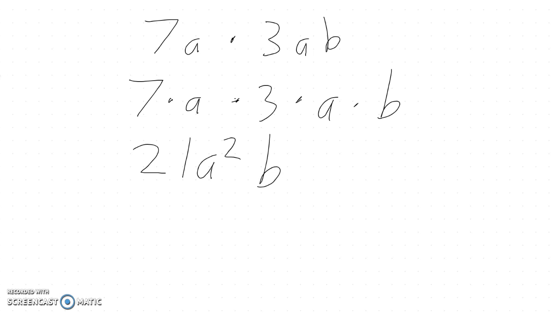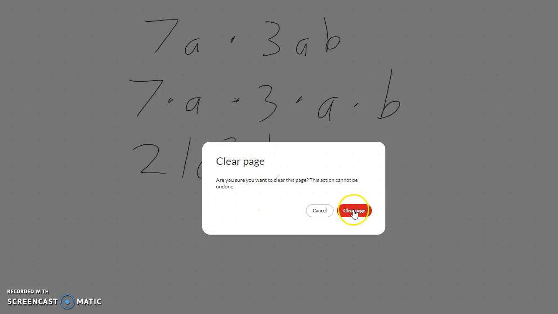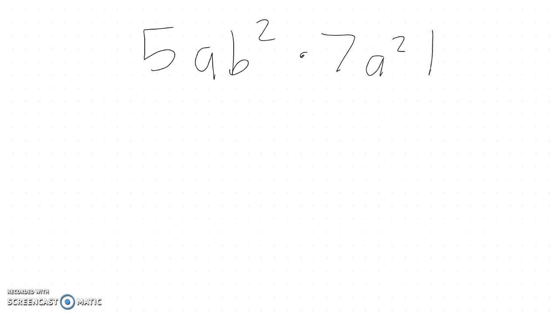Let's, for fun, just take a look at one that's maybe a little bit more complicated. Let's say I have something like 5ab squared times 7a squared b to the third.